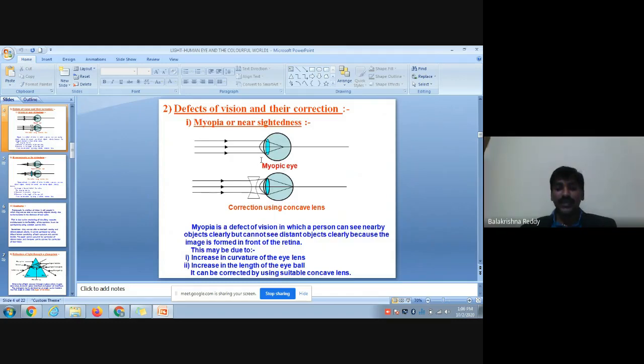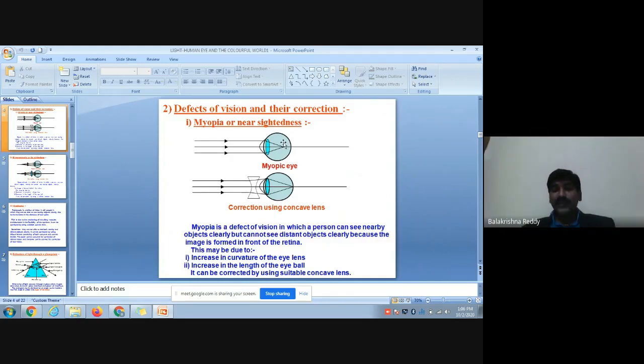Myopia, or nearsightedness. Why does it arise? See here, this is the position of the lens. If the lens position is proper, then the image gets converged and forms on the screen, inverted, and that gets detected. But in this case, the image, instead of forming on the screen, is forming before the screen.